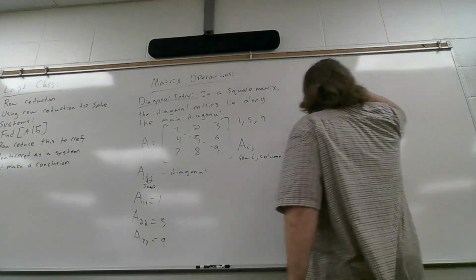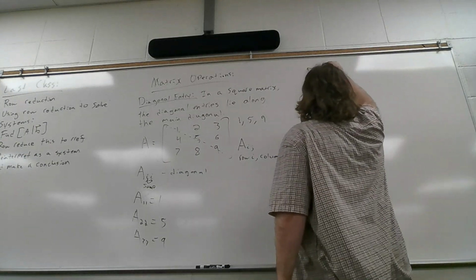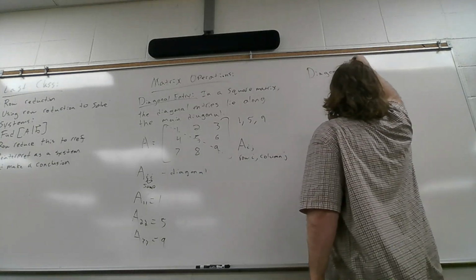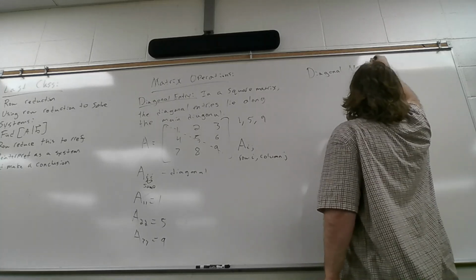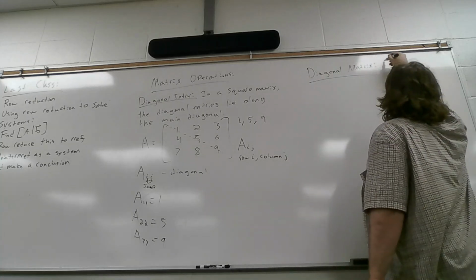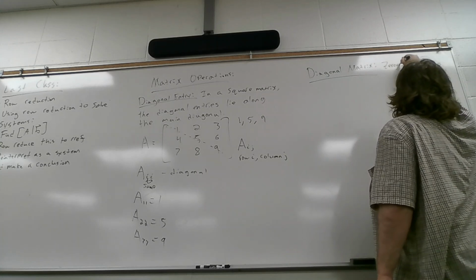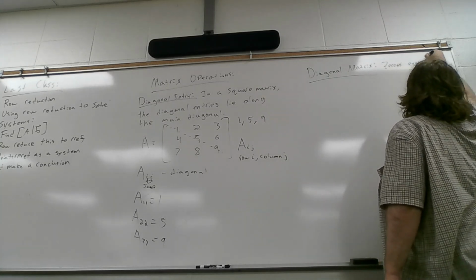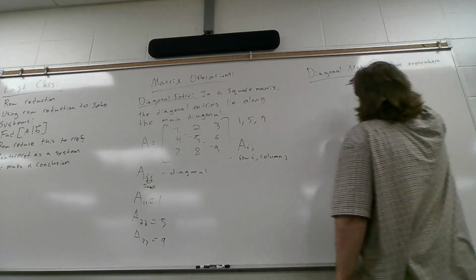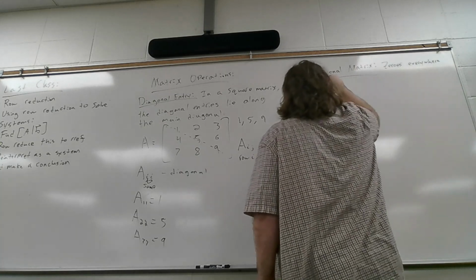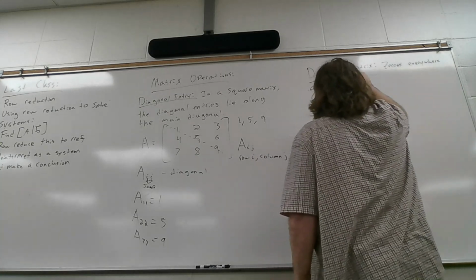Okay, so a diagonal matrix is zeros everywhere except possibly these diagonal entries.